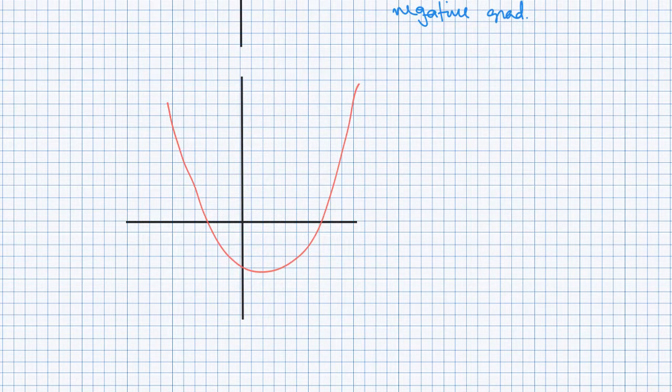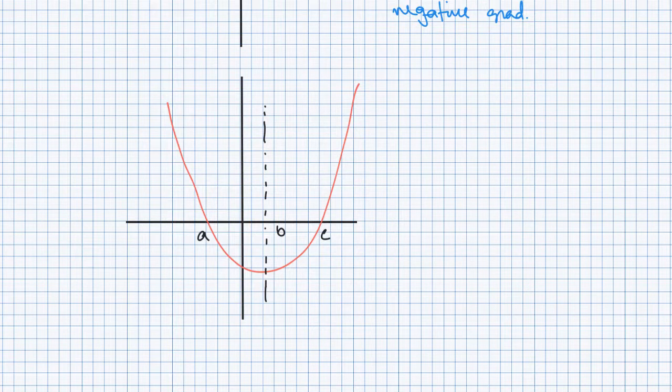I'll call the points where it cuts the x-axis A and C. So this point will be A, that point will be C, and right where we have the symmetry of the function, the symmetrical line of the function, I'll call that B. I'm going to draw a broken line to say that's the symmetry of the function, or that's going to be the x value for which the function has a minimum value.